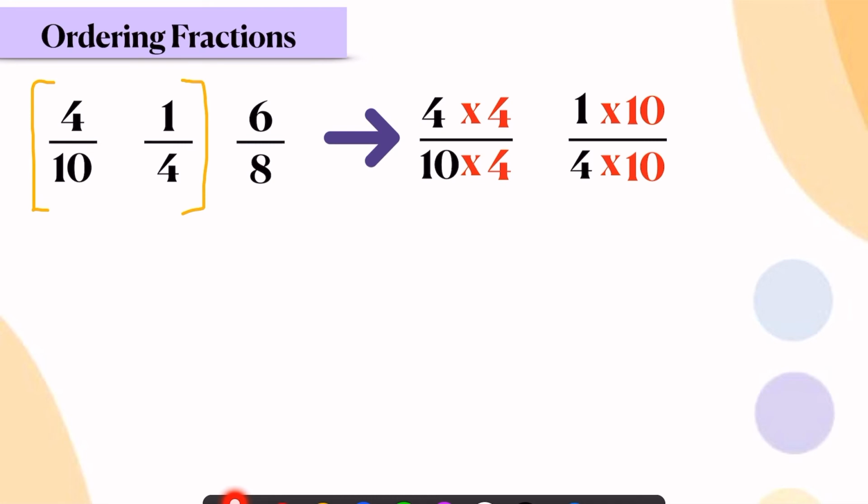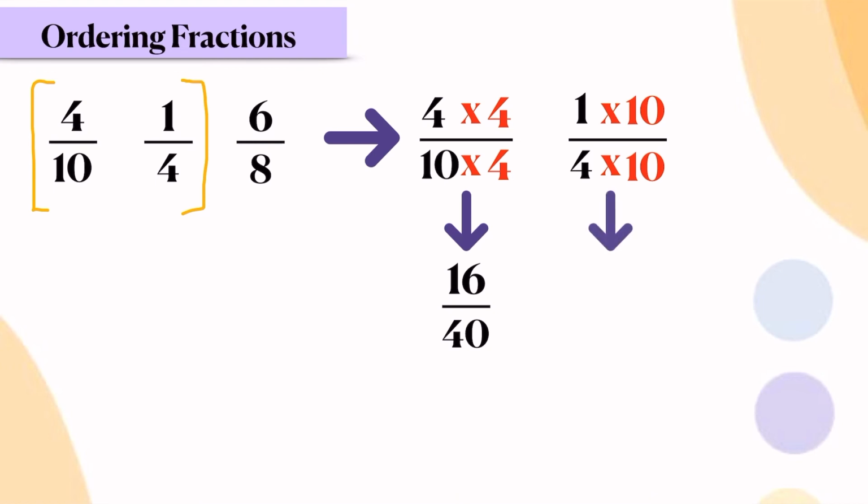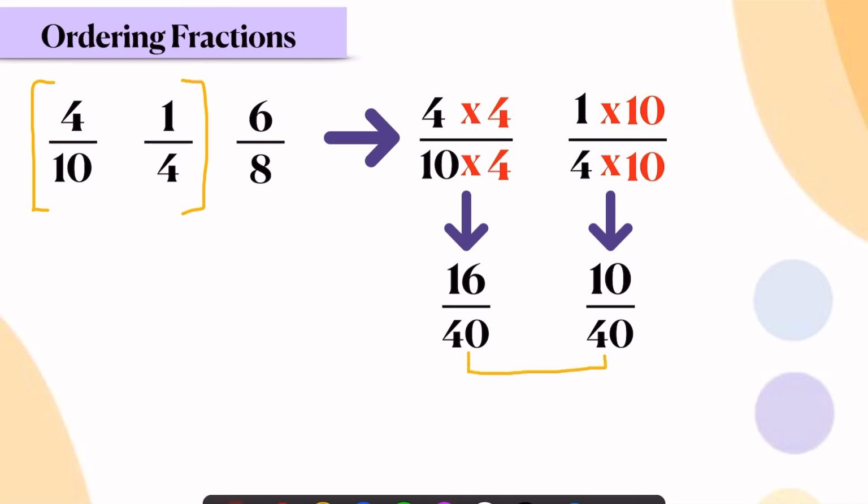You need to multiply 4 by 4 as well. And for this one, you multiply 4 by 10, so you need to multiply 1 by 10. Now you can get 16 over 40, and you can get 10 over 40. As you can see, they have the same denominator.